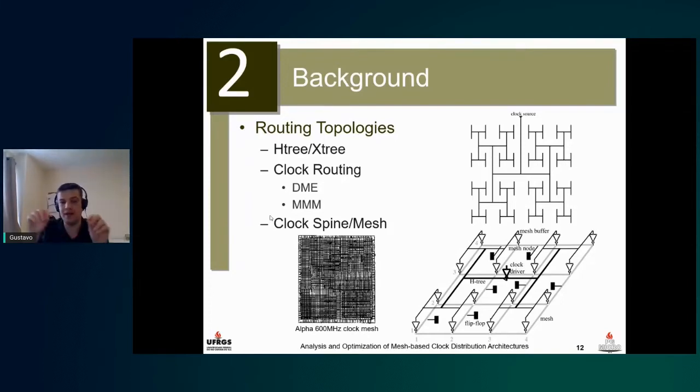So you can do clock spines in the periphery of the block, and then just route the signal from the clock spine to the clock sinks inside the module. That would be the main advantage of the spines. They are easier to fit in the design for being one-dimensional.